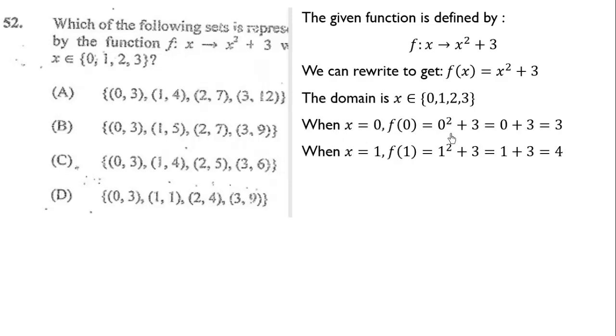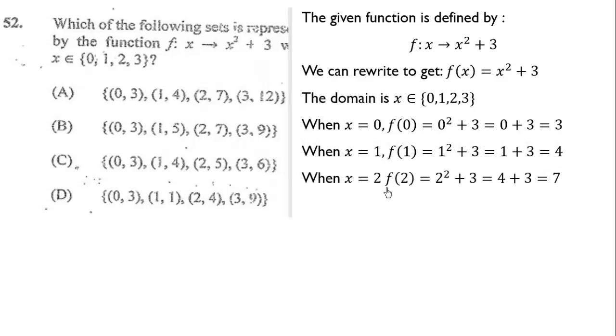So when x equals 0, we get 0 squared plus 3, then 0 plus 3, which is equal to 3. And when we substitute x equals 1, we get f of 1 equal to 1 squared plus 3, which is 1 plus 3, and that will give us 4.